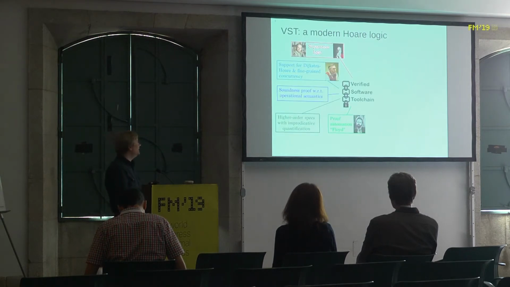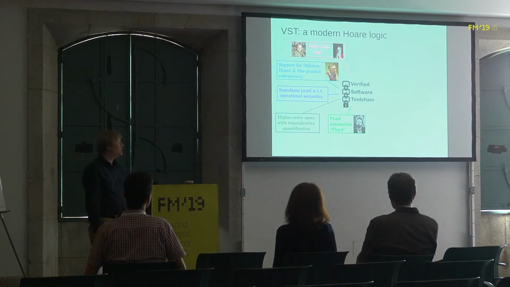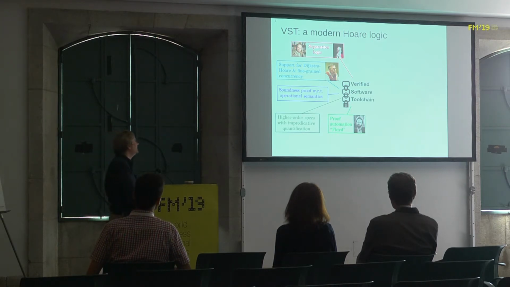The VST's goal is to have a modern Hoare logic, and by that we mean we should have support for modularity in reasoning, as for example nowadays in separation logic, which supports modular reasoning concerning heap structures. We want to reason about concurrency, which Tony Hoare made fundamental contributions to, and so did Edsger Dijkstra.